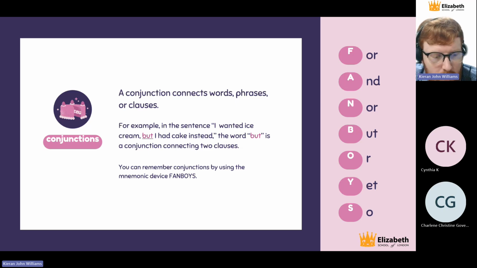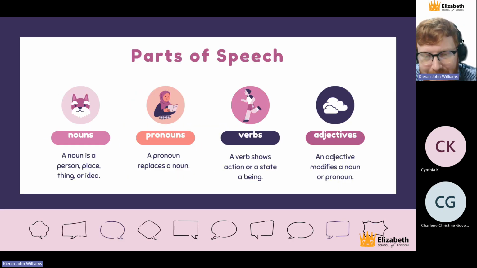Okay, so that was a quick look at the different parts of speech. If we just have a look at them one more time: nouns describe a person, place, or thing. A pronoun is those words like he, she, it, which replace a noun if we don't want to say the specific name. A verb is the action.